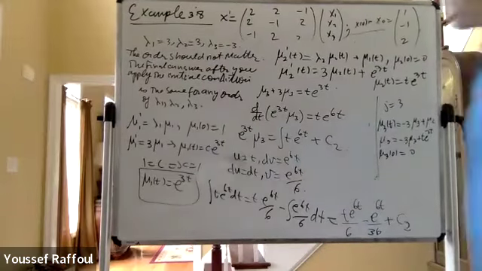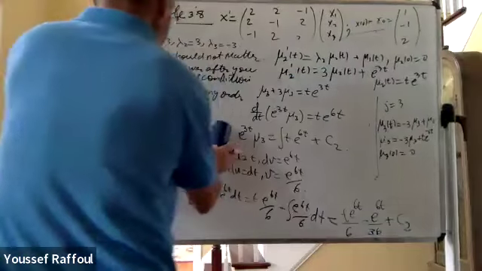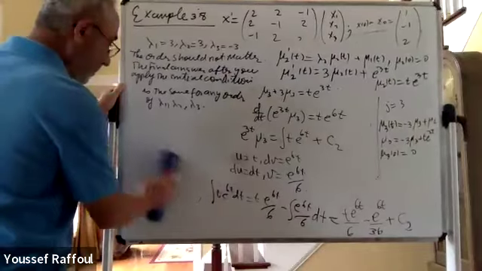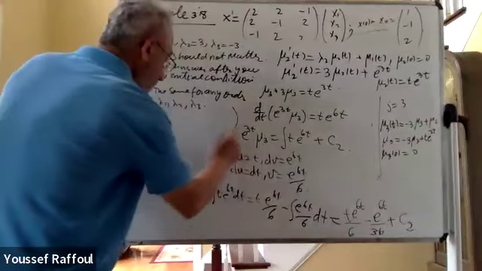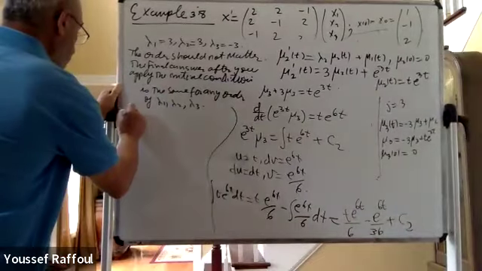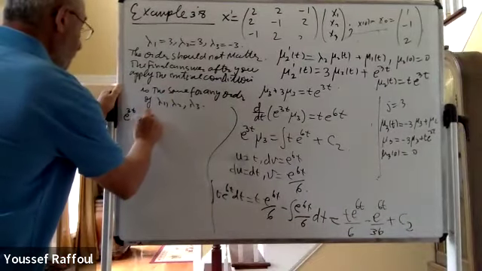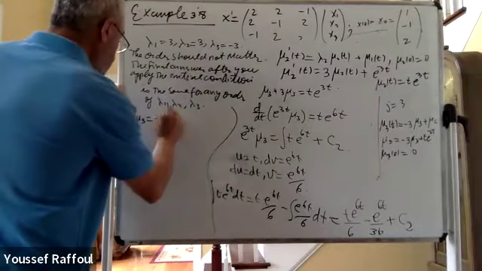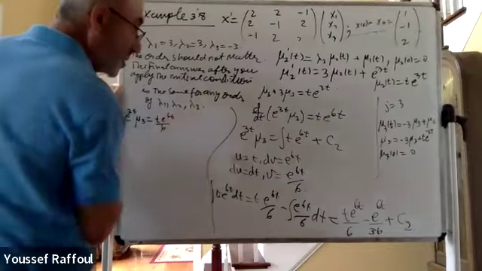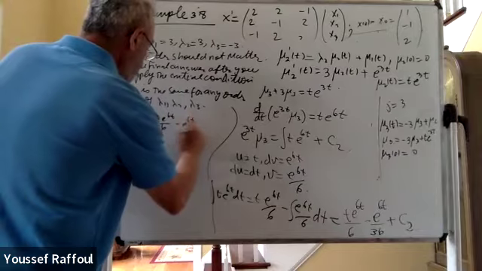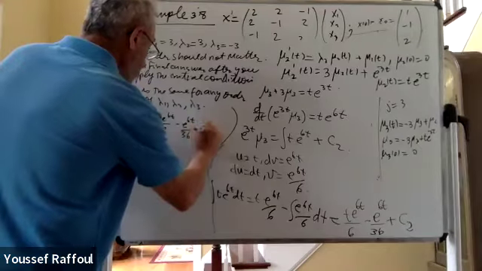All right. So we have e to the 3t mu 3 equal to t e to the 6t over 6 minus e to the 6t over 36 plus c2.